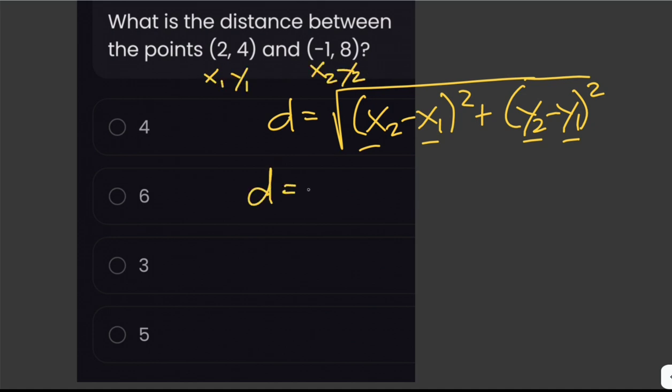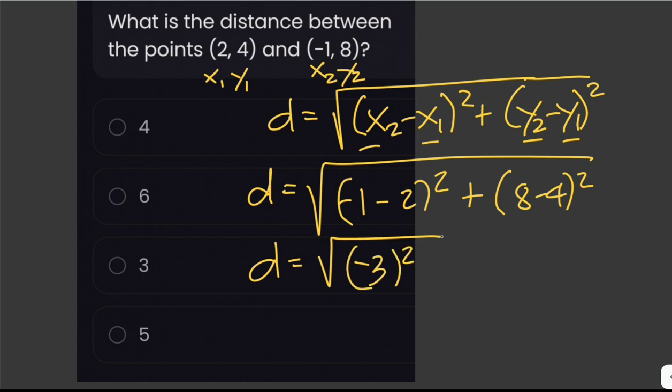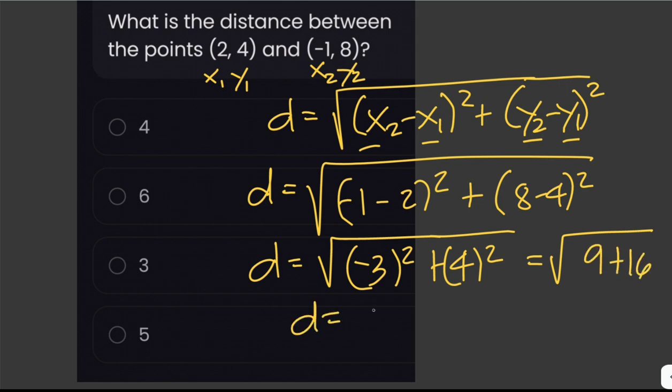So we just plug in all the values to the formula. That is -1 minus 2 squared plus 8 minus 4 squared. So distance is just equal to the square root of -3 squared plus 4 squared, which is the square root of 9 plus 16. Distance is equal to the square root of 25, which is just equal to 5. So the answer here is 5.